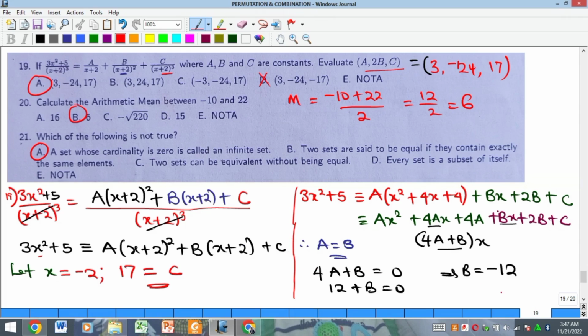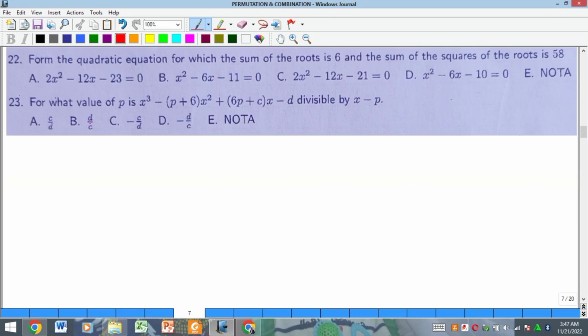Okay, so we quickly go to the next one, which is number 22. And here it says solution. For 22, we are asked to form a quadratic equation for which the sum of the roots is 6. So let the roots be alpha and beta. So the sum is equal to 6.